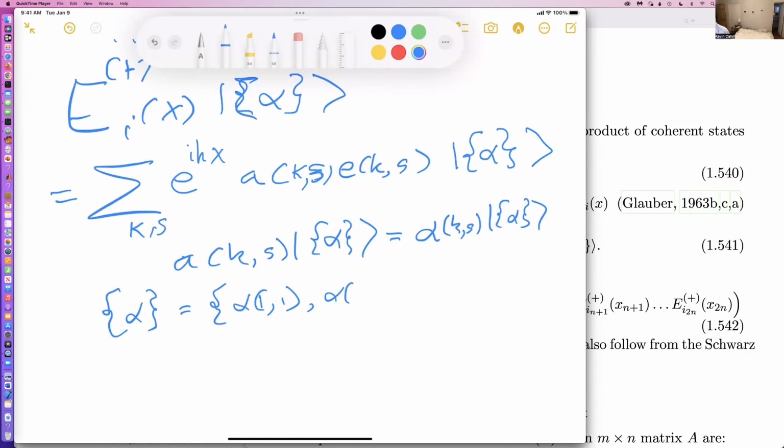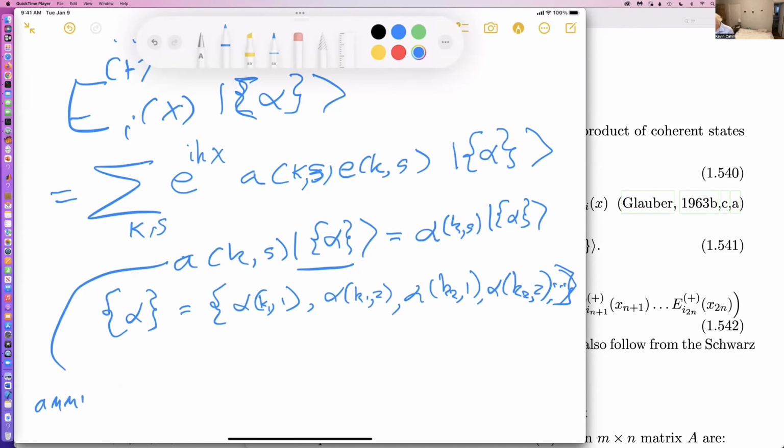Okay, so K1, 1, K1, 2, alpha, K2, 1, alpha, K2, 2, dot, dot, dot. So it's all the possible combinations, and the coherent state is an eigenstate of the operator. This is the annihilation operator. I think I have too many n's there, so scratch an n.